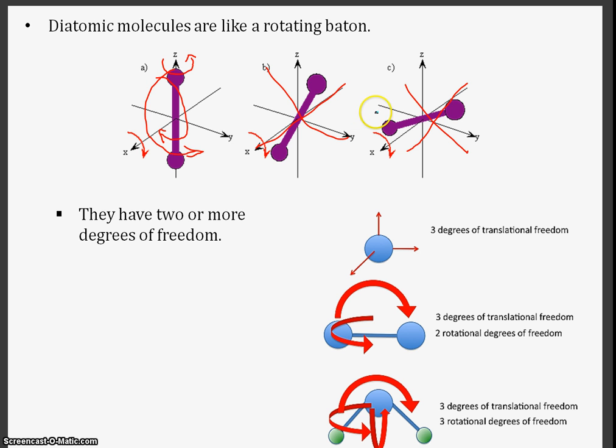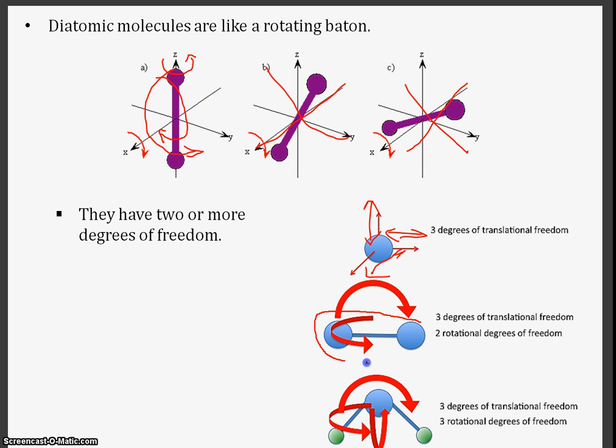A regular single atom has 3 degrees of freedom. It can move back and forth, it can move up and down, and it can move to and fro. So there are 3 possible directions of translational motion. There are 3 degrees of translational freedom and 2 degrees of rotational freedom for a baton.